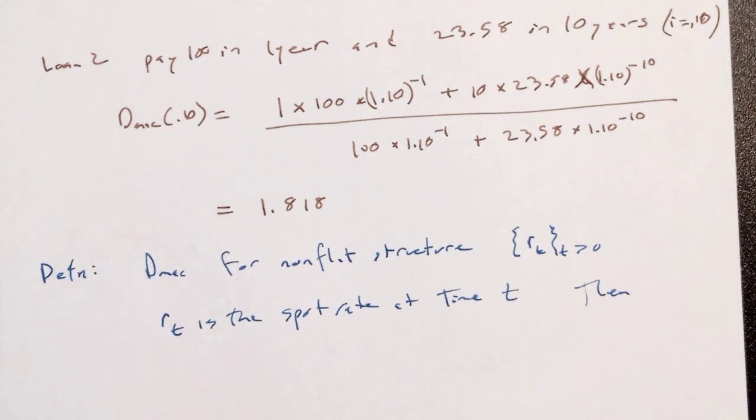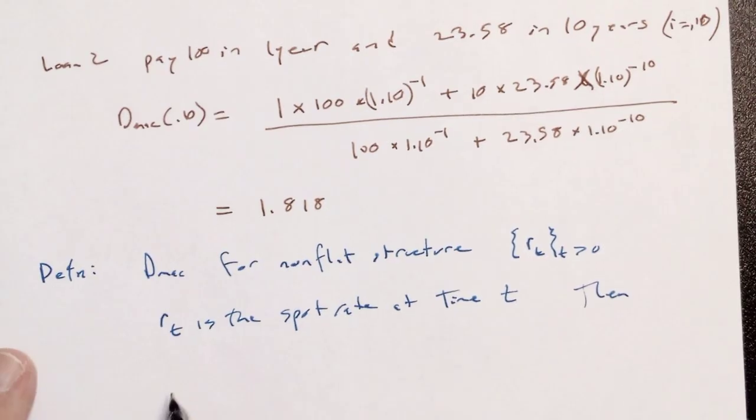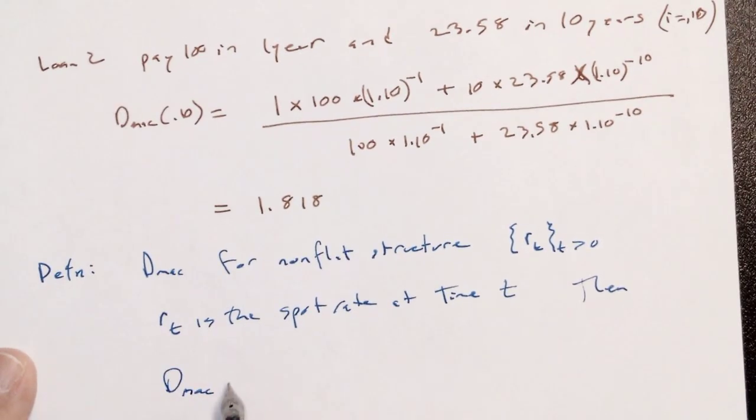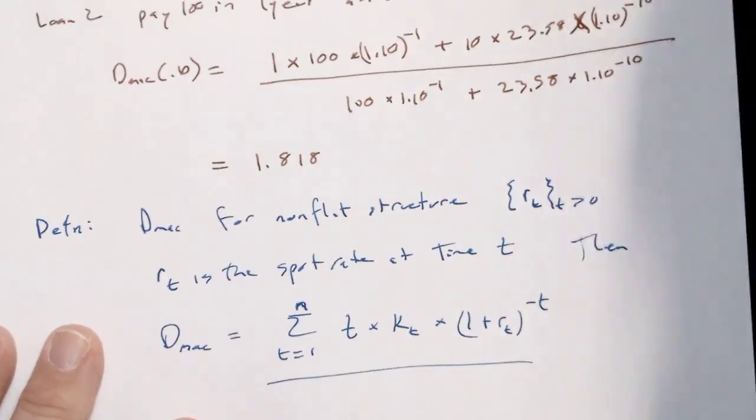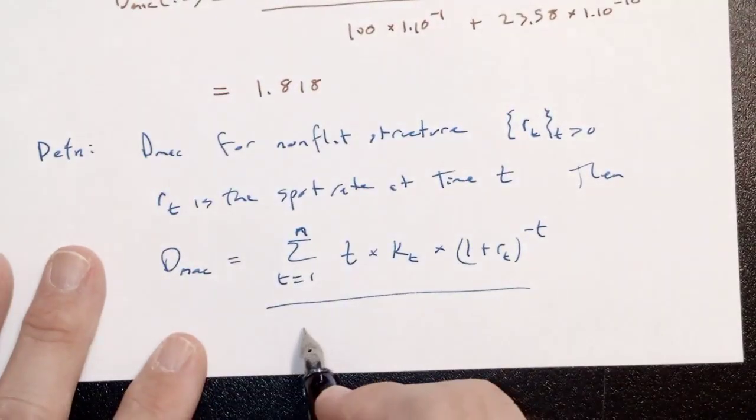I'm going to change one thing in my definition. The duration is the sum, T equals 1 to N, of T times KT times (1 plus RT) to the negative T, over the sum without the time.